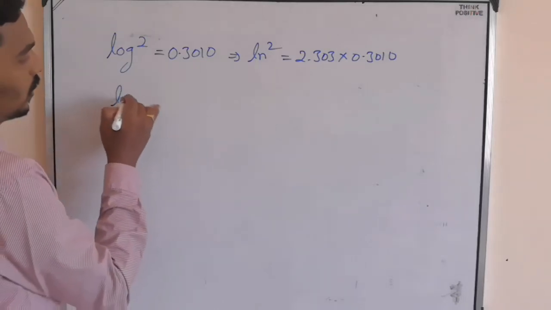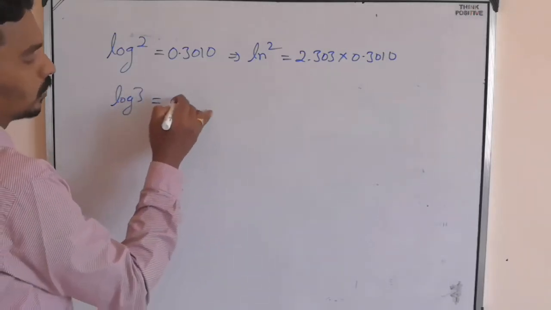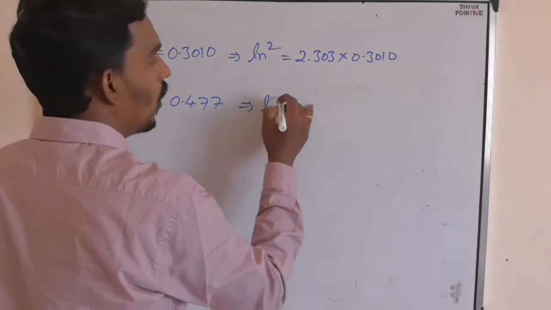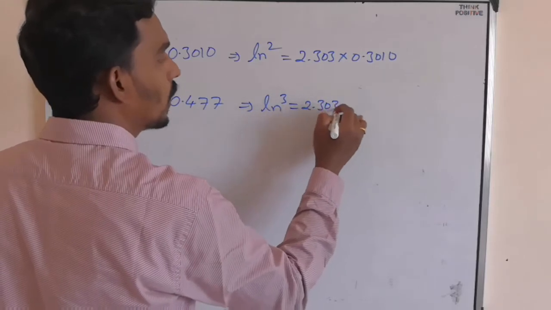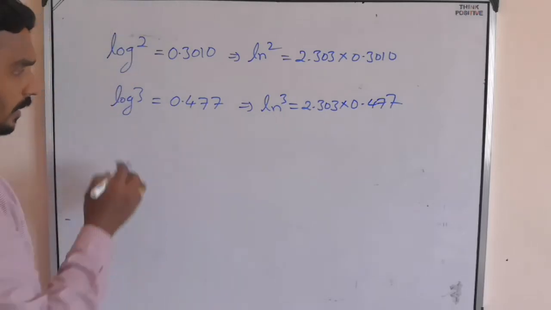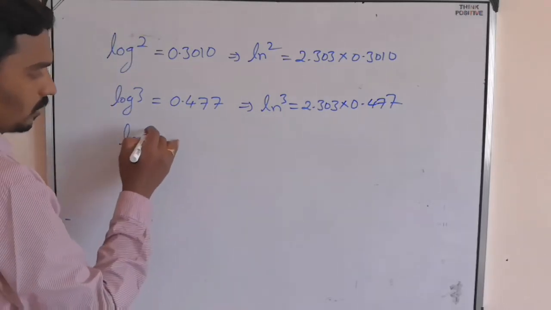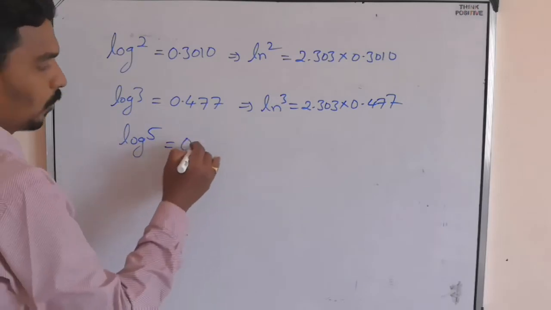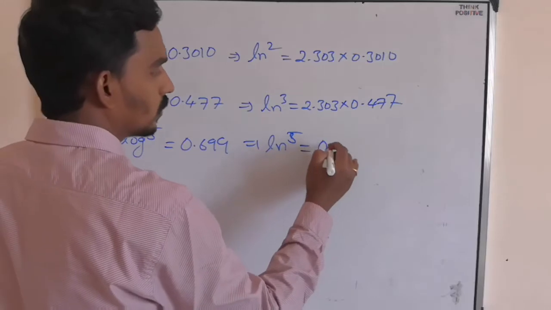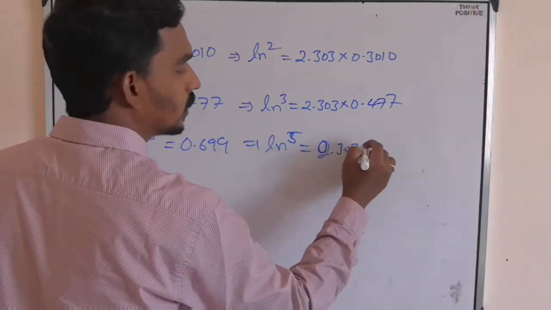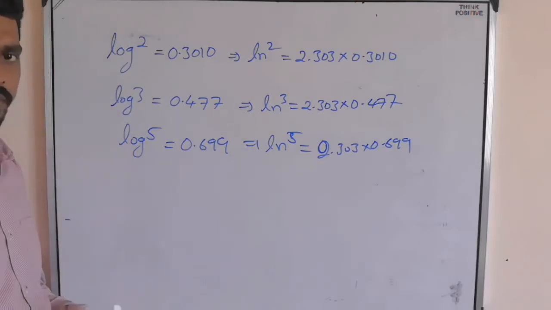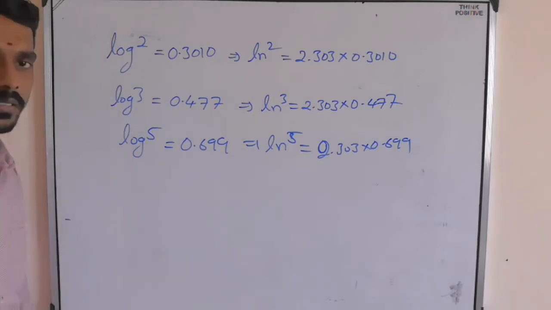Now log 3 equal to 0.477 approximately, implies ln 3 equal to 2.303 into 0.477. Now log 5 is 0.699, so ln 5 equal to 2.303 into 0.699. These values are enough in solving most of the questions.